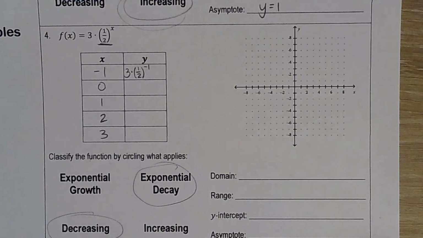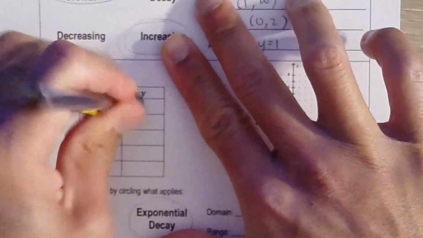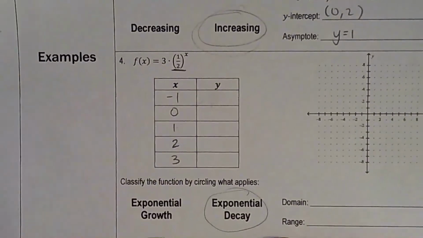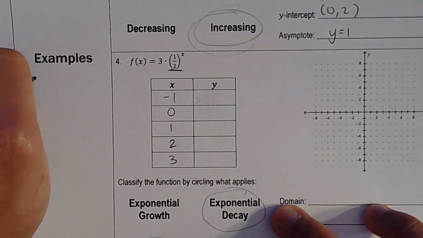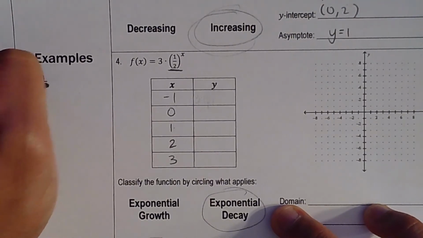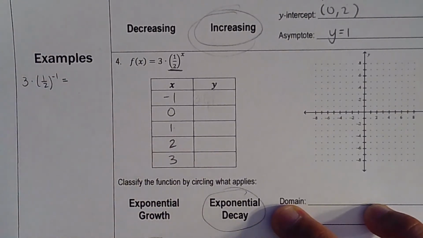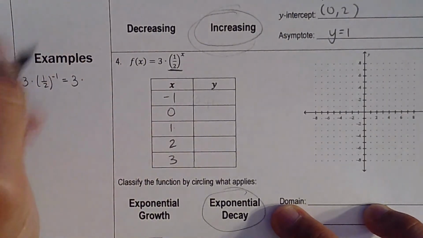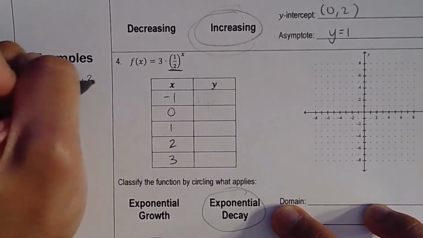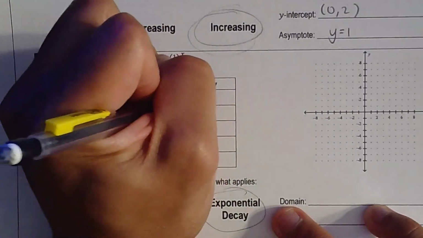Right, remember, let me just write it out here on the side. So 3 multiplied by 1/2 to the negative first power. That's the same thing as, remember, you would flip the fraction if it's a negative exponent. So that's 3 multiplied by 2/1. And then you guys know that's 6.